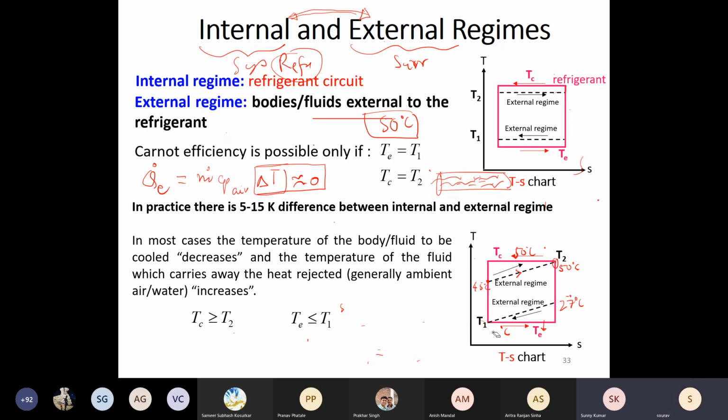So that is what I was telling, that just think if this rectangle is the best process. Because whenever we ask you what is the best cycle possible to obtain the best COP or best efficiency, we always think of Carnot cycle. Carnot cycle is true given that whatever Carnot stated is also true.